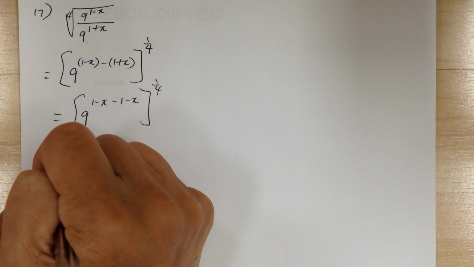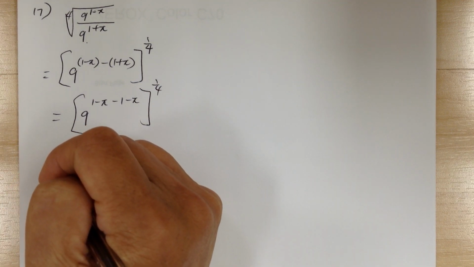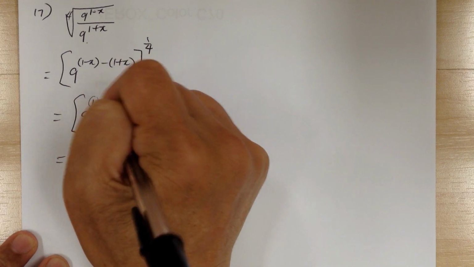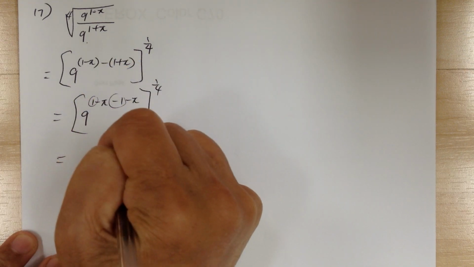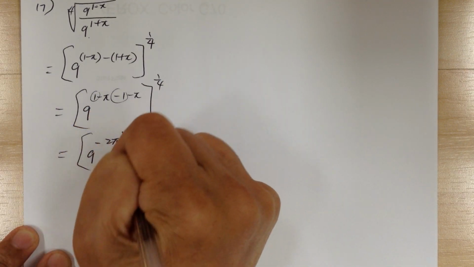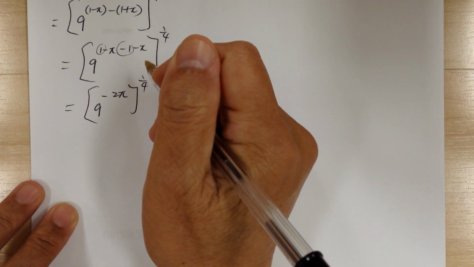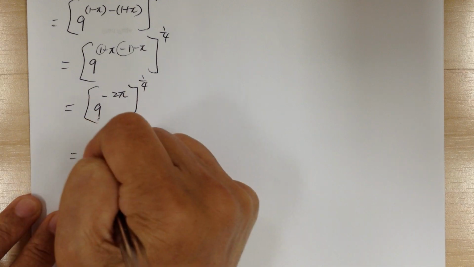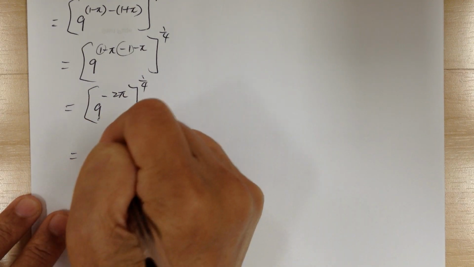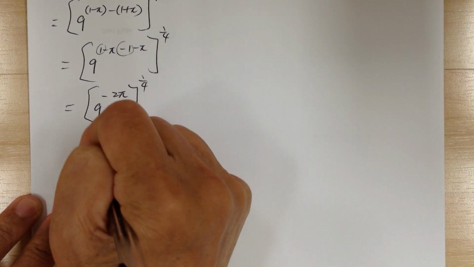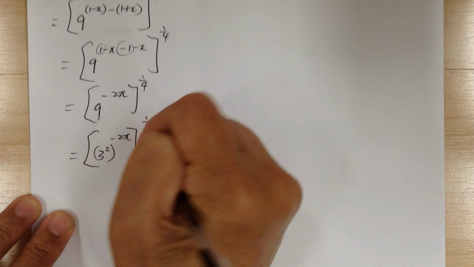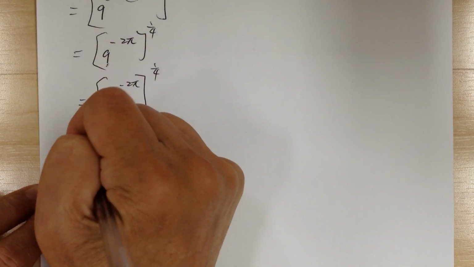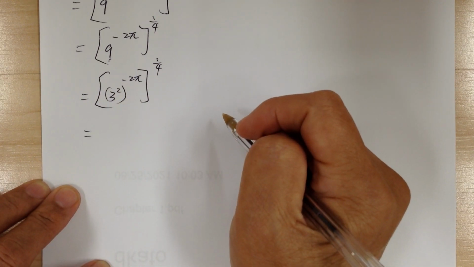So this becomes 9 to the, this cancels out, so it becomes minus 2 pi, to the 1/4 power. I'm going to make this 9 into a square, so it becomes 3 squared to the negative 2 pi, to the 1/4 power. Now I'm going to start to apply the power rule.